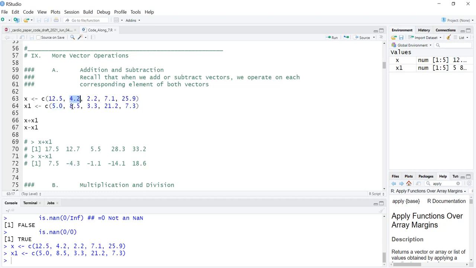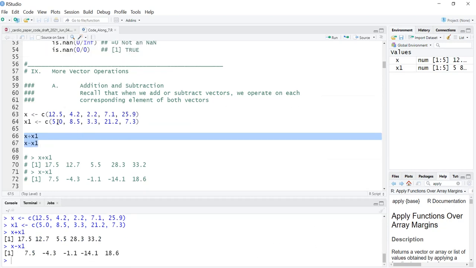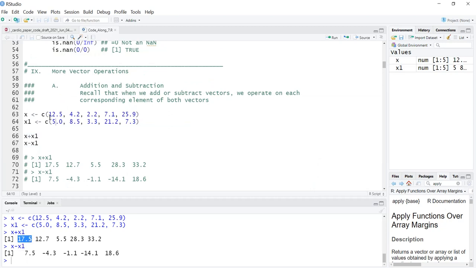The second elements of each, the third elements of each go together, etc. So I'm going to highlight both of these and run them. And so if I add 12 and a half and 5, I get 17 and a half. If I subtract 12 and a half minus 5, I get 7 and a half. So you can see the values.